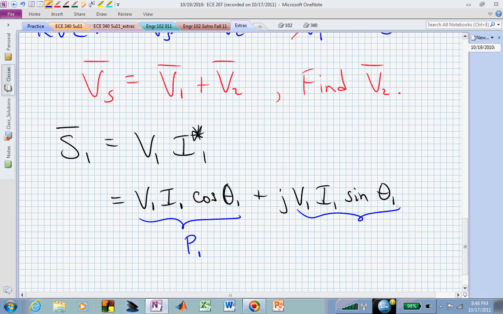The second piece, the plus J, is the reactive power of load 1.